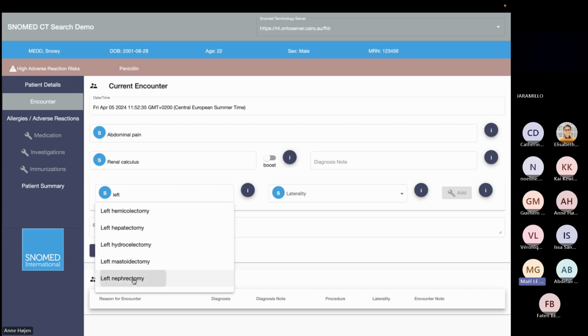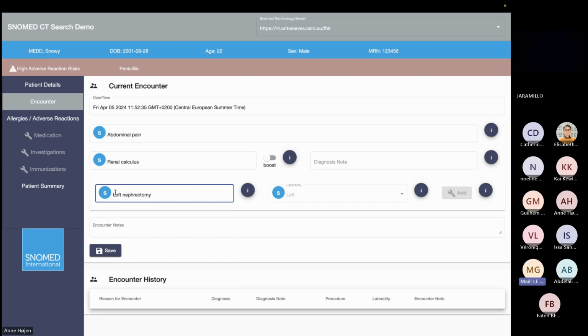Let's do that. That's back to the kidney stuff. Left nephrectomy, you can see that it pre-populates the left because left nephrectomy has been defined also with the laterality of left. So now we are not able to say left nephrectomy with the laterality of right. So again, we use that subset and we use the defining properties of SNOMED CT concepts to help us have some intelligence and some documentation support.